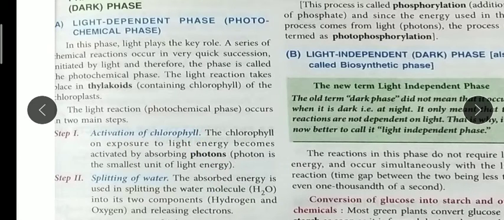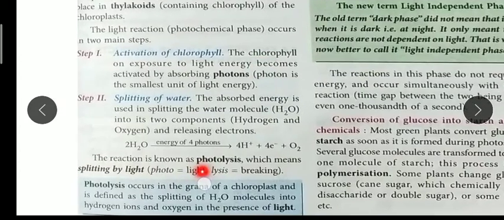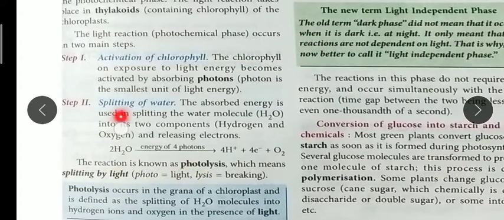Now what happened in the second step? In the second step, photolysis takes place. So this light energy, at the first stage, is activating the chlorophyll pigment, and in the second stage it is splitting the water molecule. The absorbed energy is used in splitting the water molecule into two components, hydrogen and oxygen.